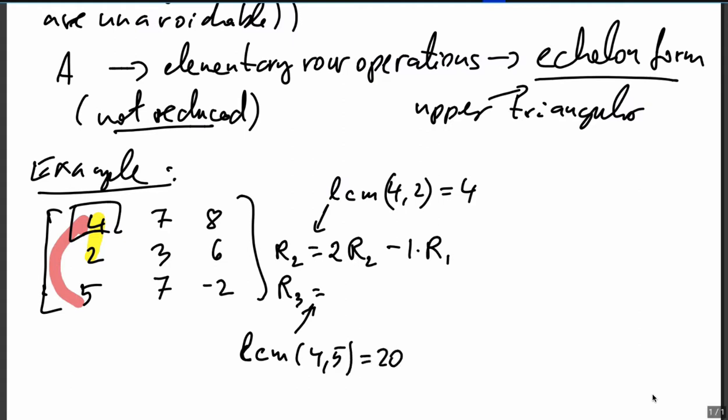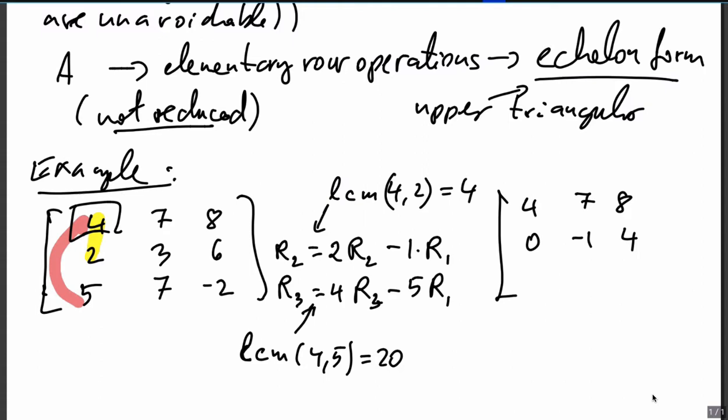So I multiply row 3 by 4 and subtract 5 times row 1. Then the first row doesn't change. Then I get 0. 6 minus 7 is -1. 12 minus 8 is 4.